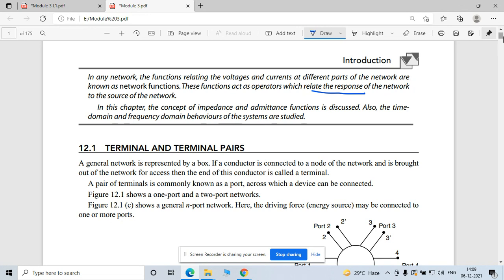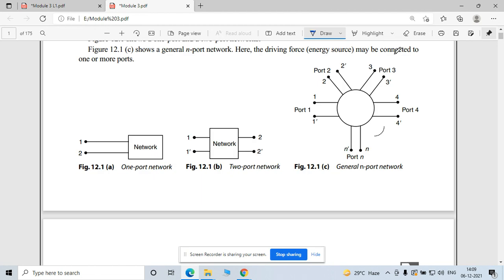Now see the terminology here. We already covered the two port network. A port depends on the number of terminals. If a port has two terminals, it is called a one port network. If there are two such ports, it is considered a two port network.